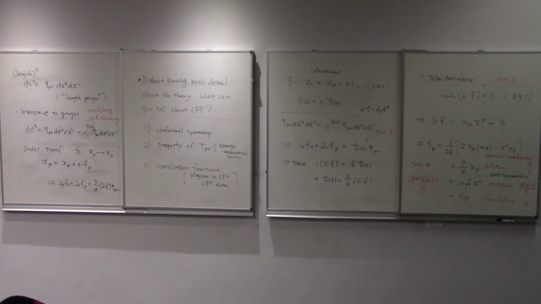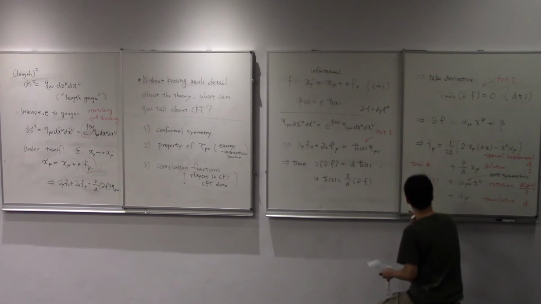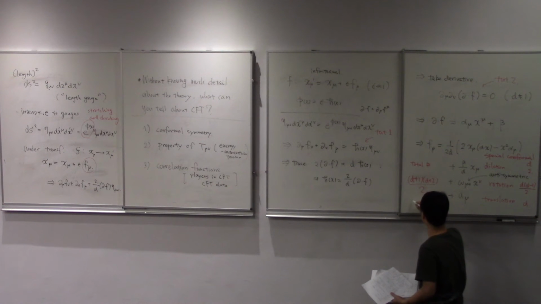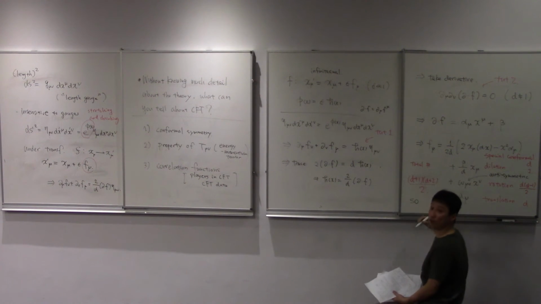Yes, of course you can calculate, but the reason is, as I mentioned later, this transformation forms a group which is SO(D+1,1) or SO(D,2).